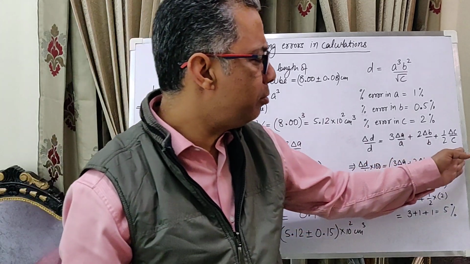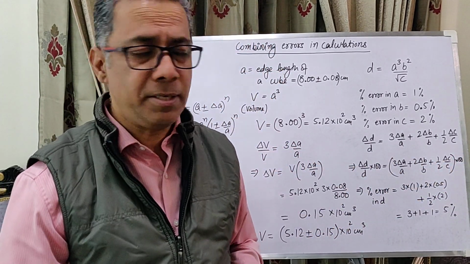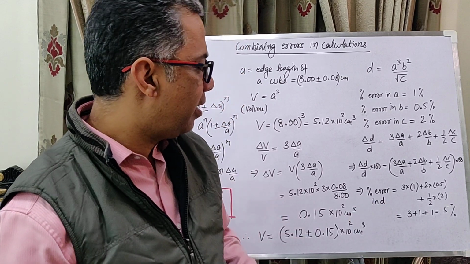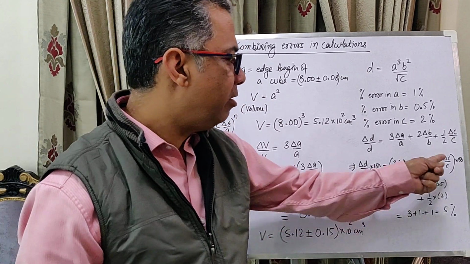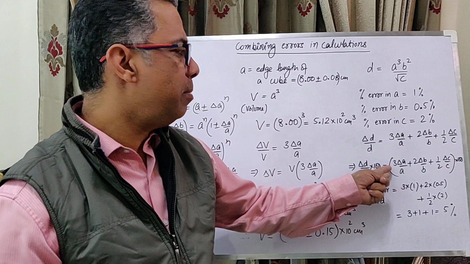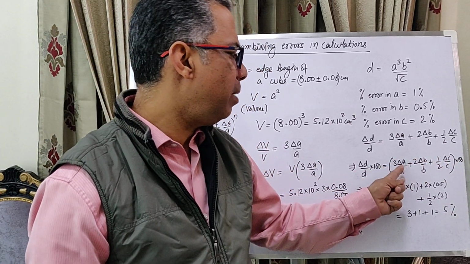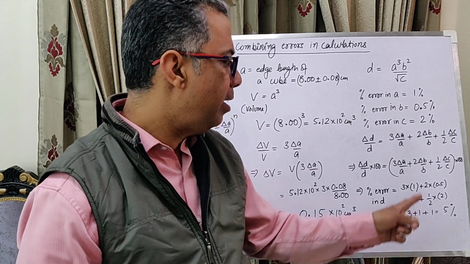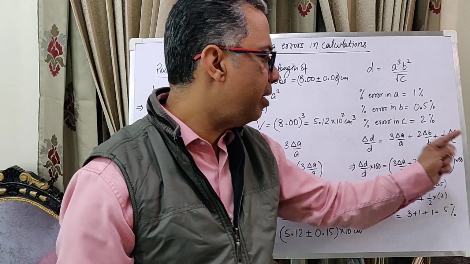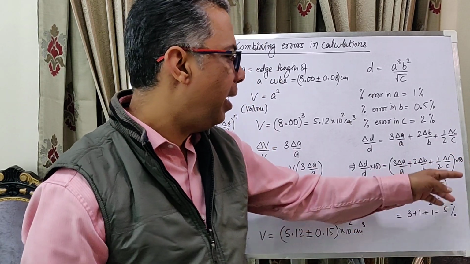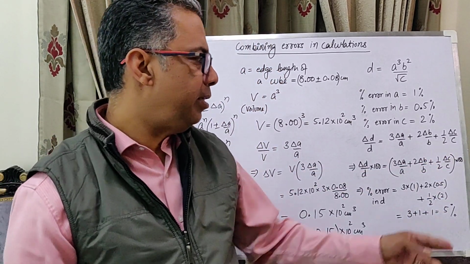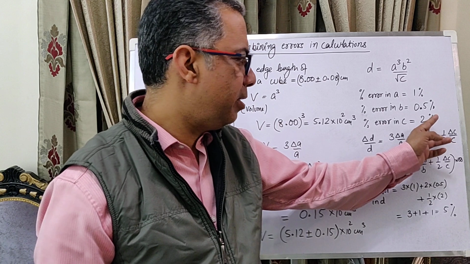We can multiply both sides by 100 to get percentages. So on the left hand side now we have percentage error in D, and when these quantities are multiplied by 100, delta A by A times 100 is actually the percentage error in A, delta B by B times 100 is percentage error in B, and delta C by C times 100 is percentage error in C. Those percentage errors are given.